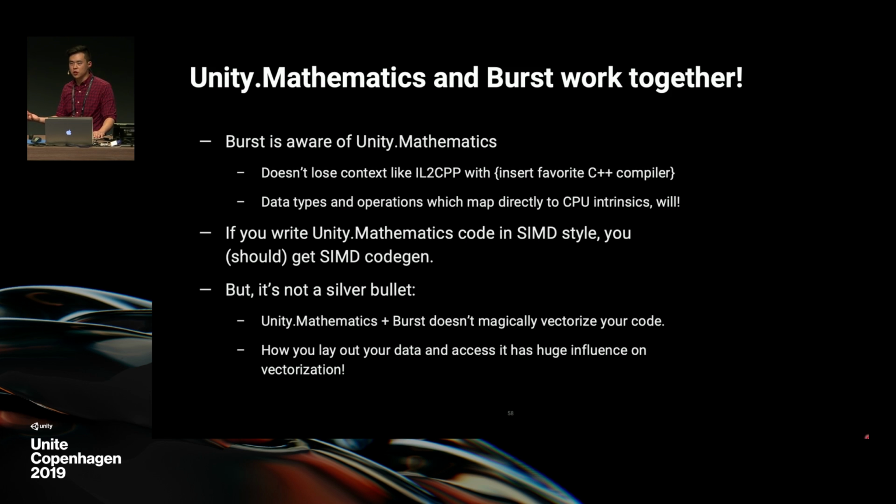Just because you use Unity.Mathematics and Burst doesn't mean that all of your code is going to be super fast SIMD code. There's a lot of things that can break SIMD code gen, and one of the biggest things is how you access your data. If you're constantly poking at individual vector elements and doing things with single elements, you're never going to get the SIMD code gen.